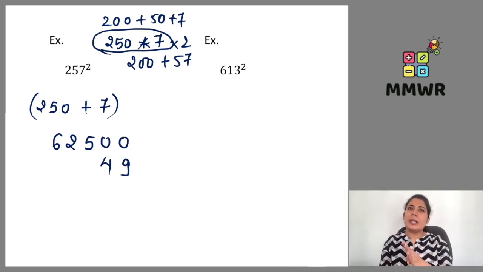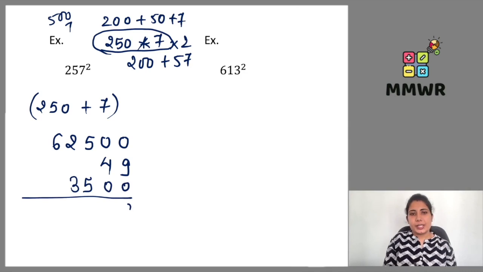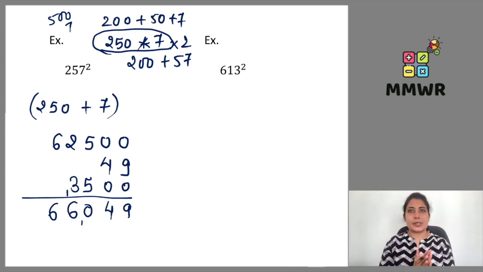So 250 multiplied by 2 is 500. 500 multiplied with 7 is 3500, right? 3500. So this gives me 9, 4, 5 plus 5, 10, carry over 1, 3 plus 2 plus 1 is 6 and 6. So 66,049 is the square of 257.